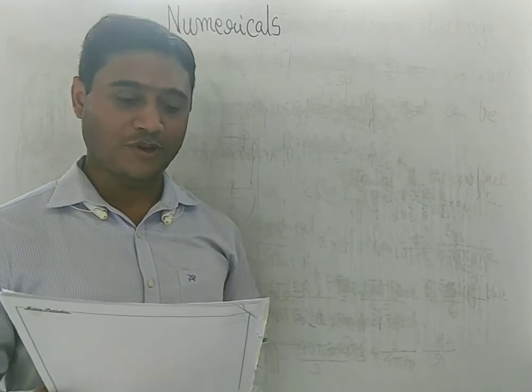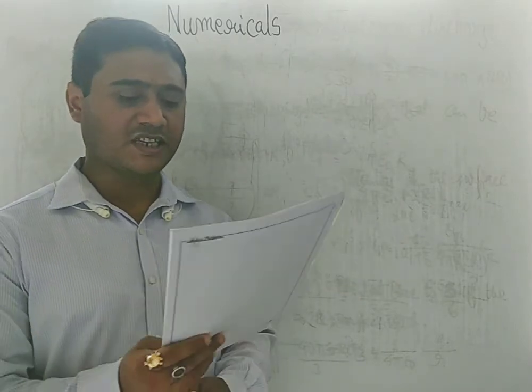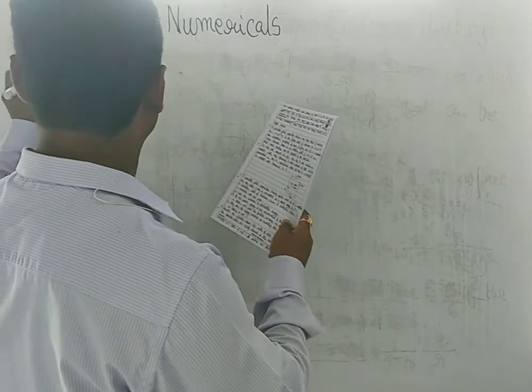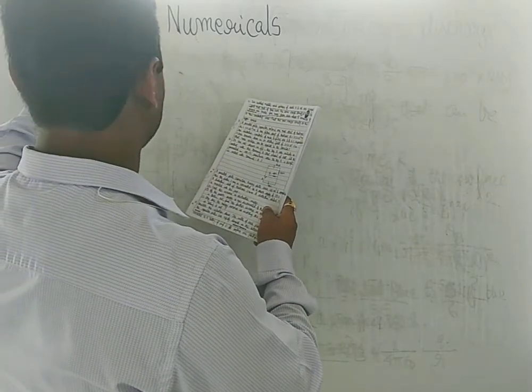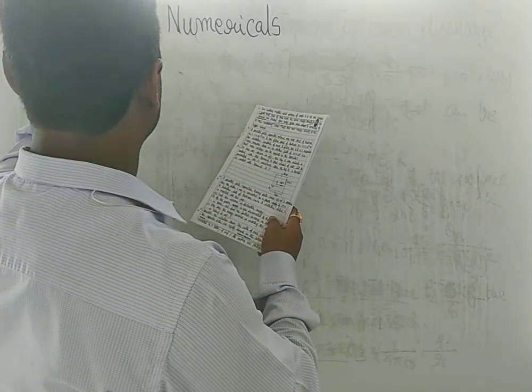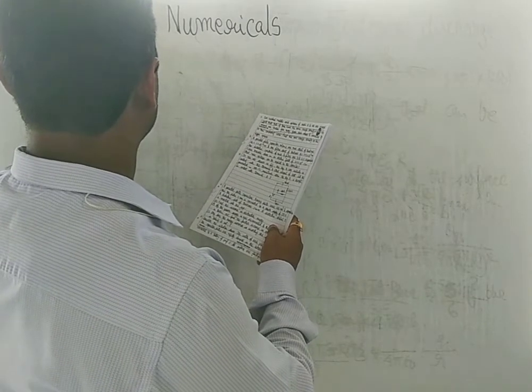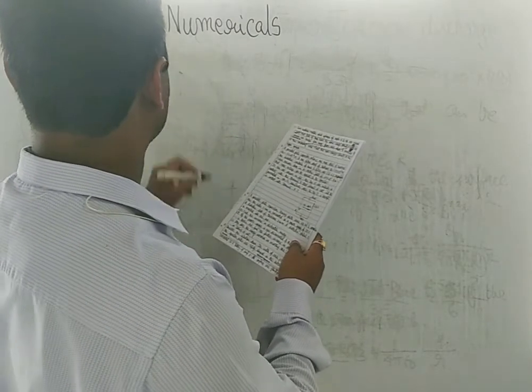A parallel plate capacitor having plate area. Let me write the information given in the question. So plate area is given to be 400 centimeter square, means 10 power minus 4 meter square.